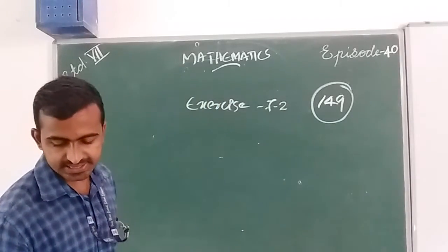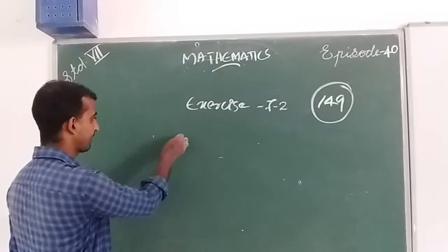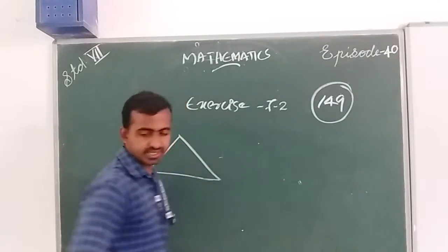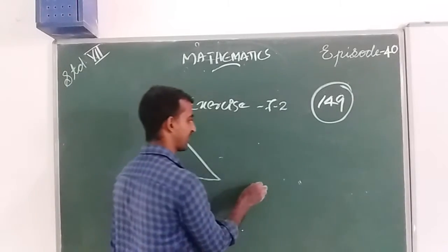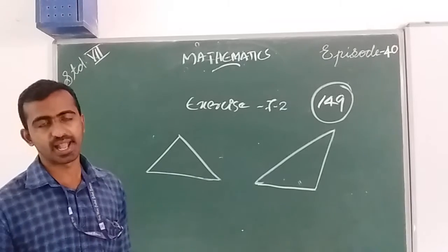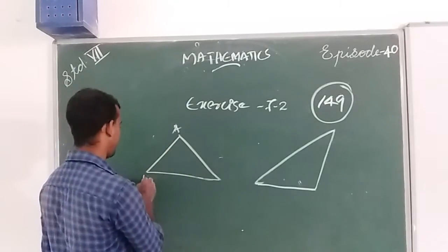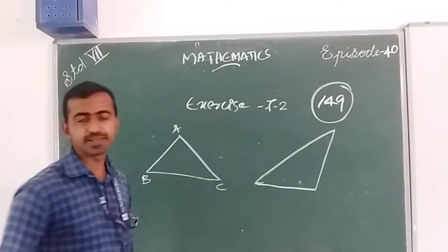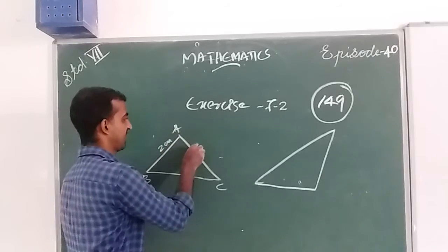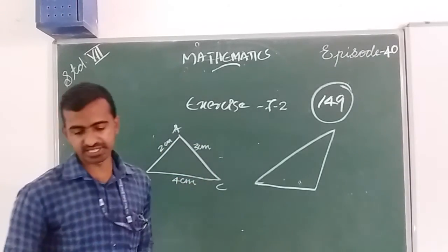That is, we can sketch the triangles as follows. Here we can name ABC, with 2 centimeter, 3 centimeter, 4 centimeter.